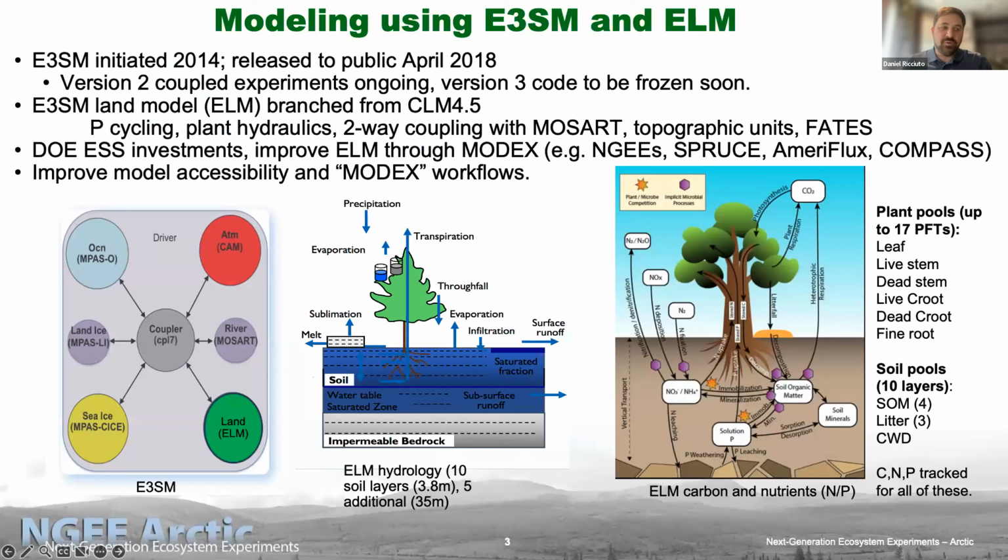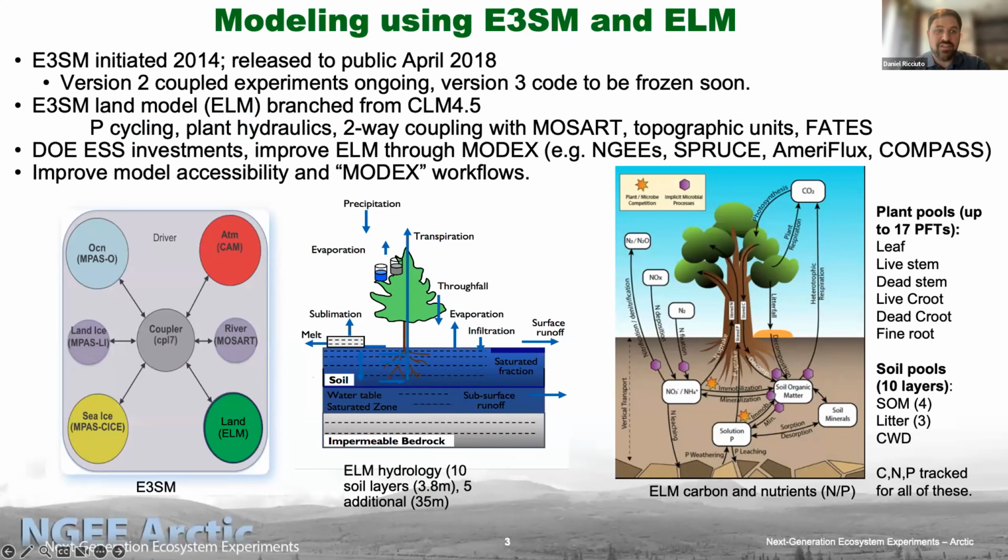So just a very brief introduction to the model. ELM is part of the Energy Exascale Earth System Model, or E3SM, which was initiated by DOE in, I believe, 2014, and first released to the public in April 2018. We're running version 2 of that model now in terms of coupled experiments, and I think version 3, they're working on freezing that code pretty soon.